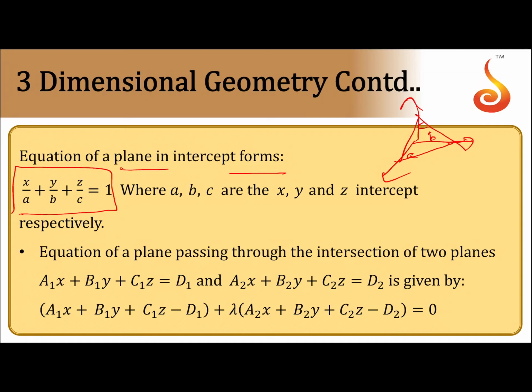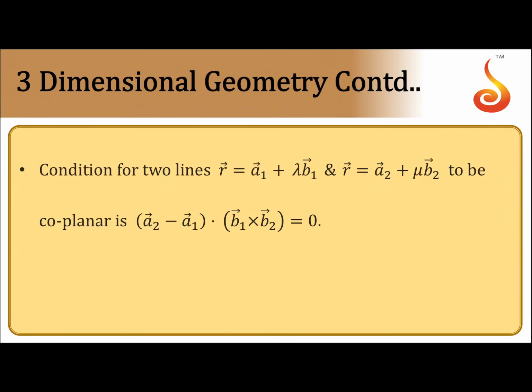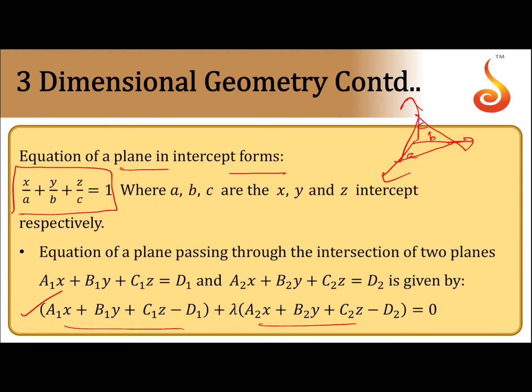And the equation of the plane through the intersection of two planes is given by pi 1 plus lambda pi 2. In the sense, the equation of a plane passing through the line of intersection of the two planes is nothing but pi 1 plus lambda pi 2.